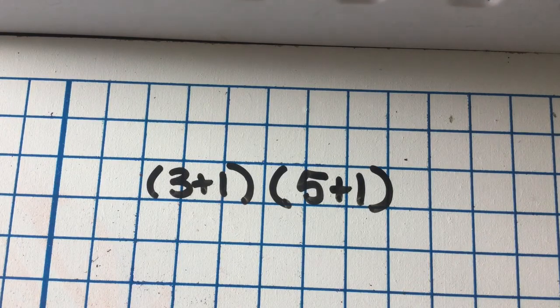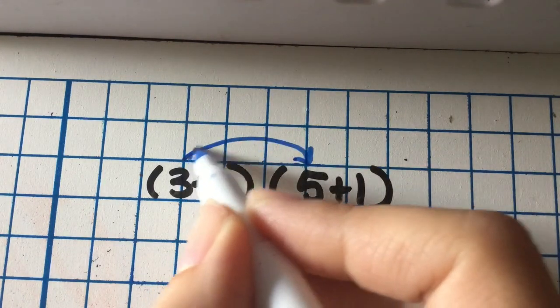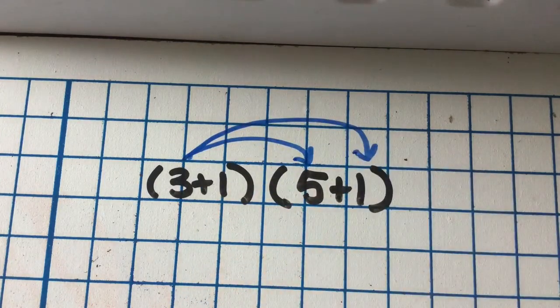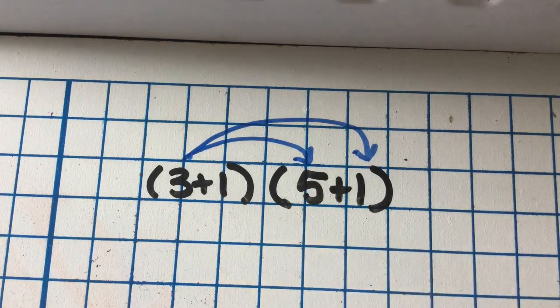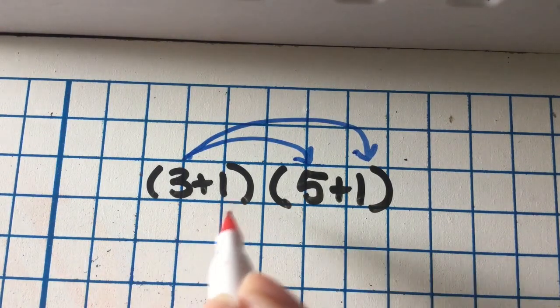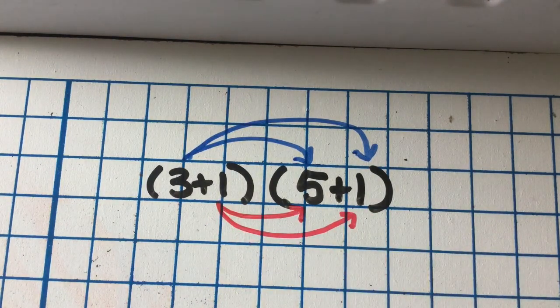My first step is to mark where I'm distributing each number. I need to make sure that I distribute my 3 to each term in my second set of parentheses, and I need to distribute the 1 to each term in my second set of parentheses.